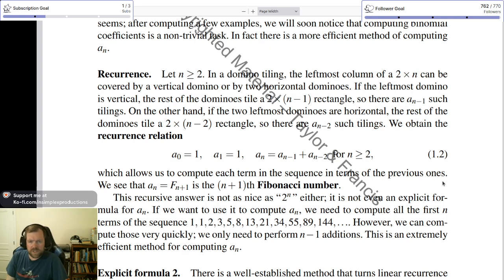If we want to use it to compute a sub n, we need to compute all the first n terms of the sequence: 1, 1, 2, 3, 5, 8, 13, 21, 34, 55, 89, 144. However, we can compute those very quickly. We only need to perform n minus 1 additions. This is an extremely efficient method for computing a sub n.